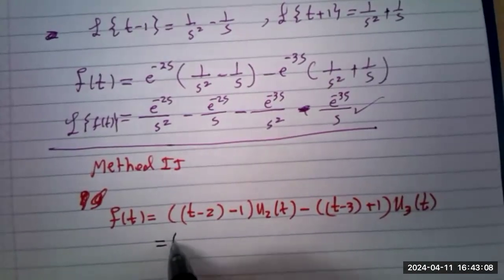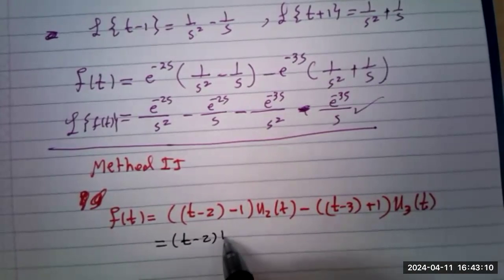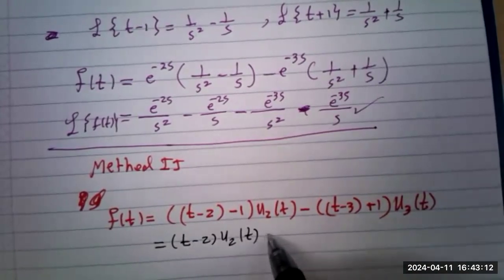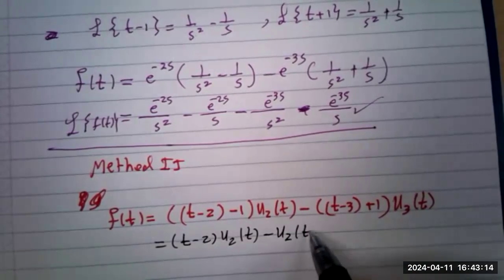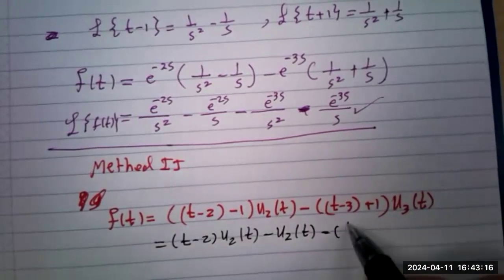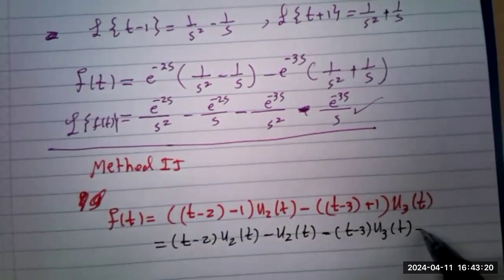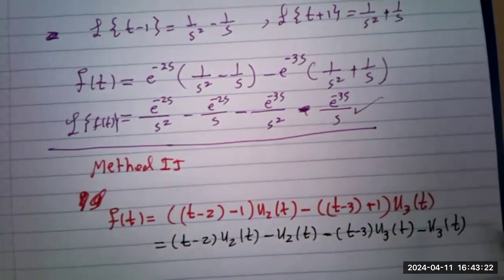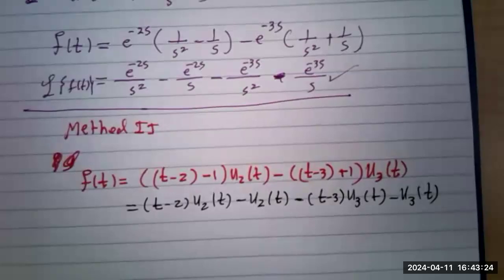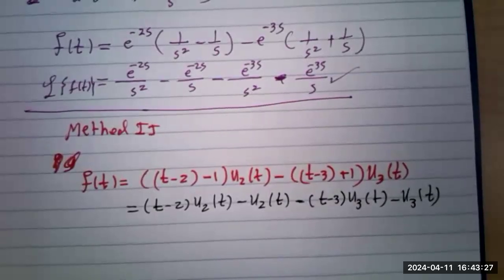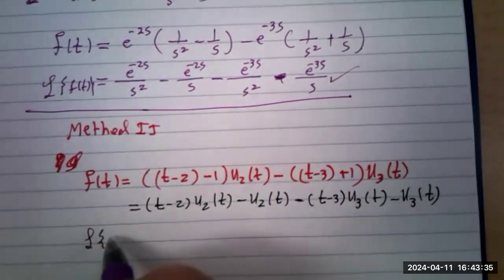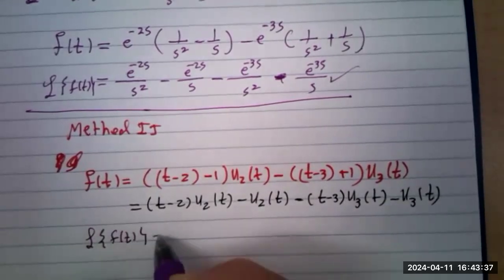If you multiply them together, that gives t minus 2 u2(t) minus u2(t). You multiply this one: minus t minus 3 u3(t) minus u3(t). You see? Now this is more standard for you. It's like the previous one that we did. So what's going to be Laplace of f of t now?